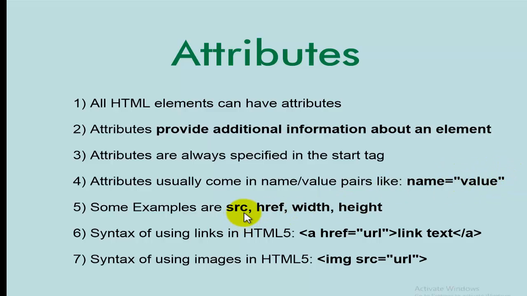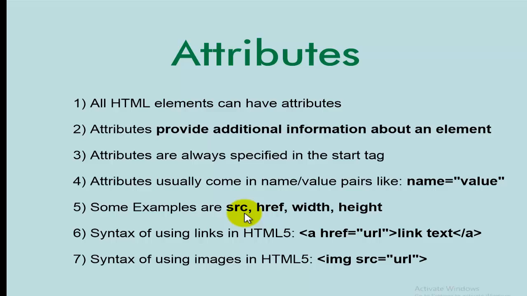Or src for source, href for hyperlink reference, width and height, and many others. And maybe while watching this video you are saying to me, what is this man teaching about? I don't know this src, and how can I use it?